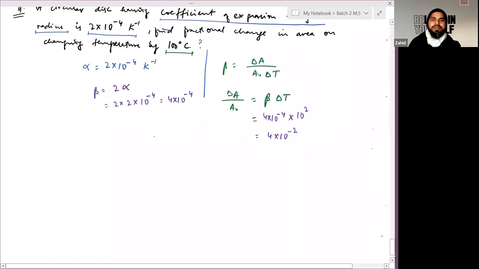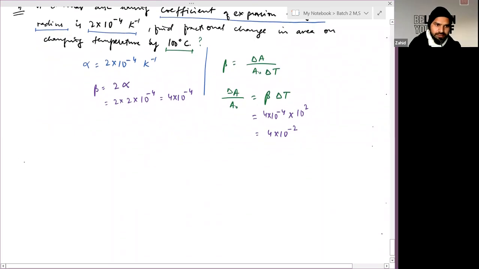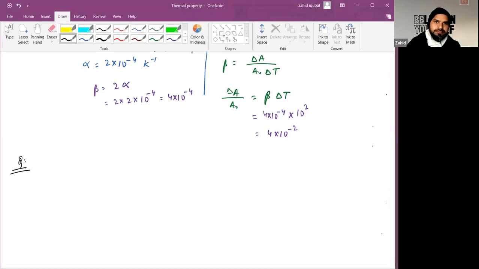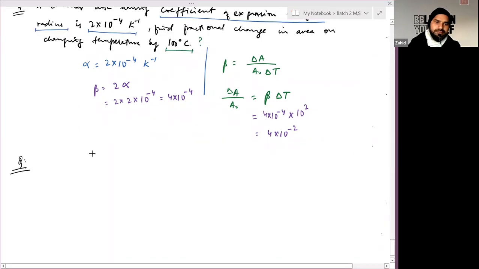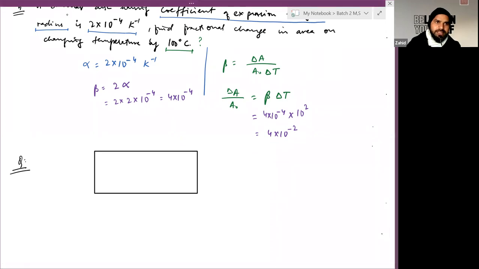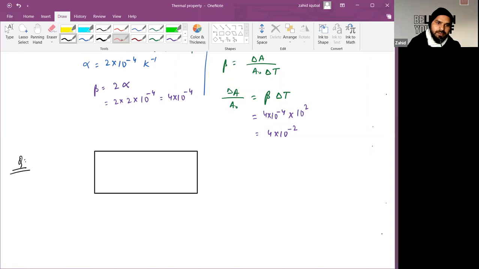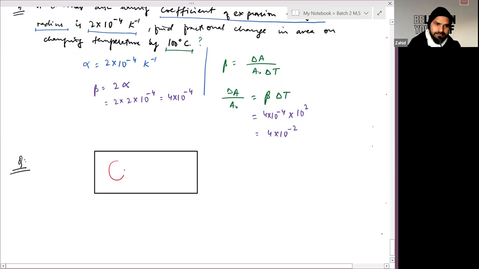Related to this areal expansion, let me give you a question. Suppose you have a rectangular sheet in which there is a hole at this point, another hole at this point.